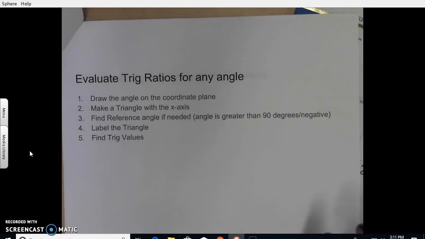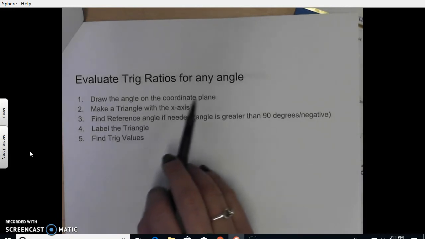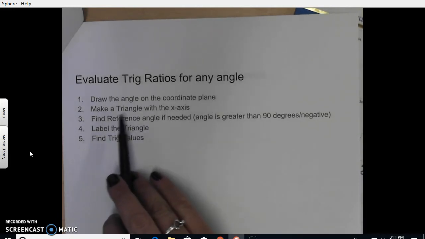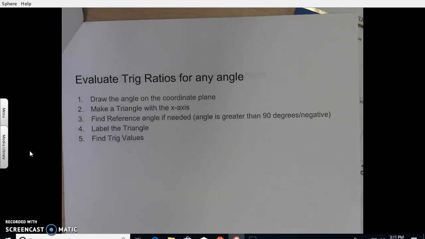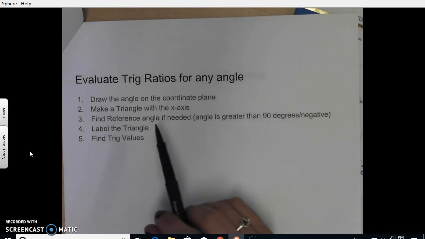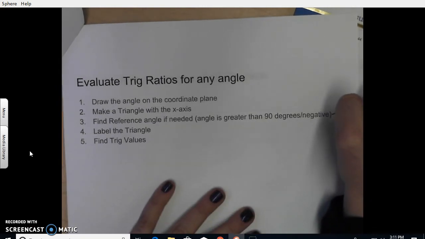So in order to evaluate trig ratios for any angle, we're going to first draw our angle on the coordinate plane. Then we're going to make a triangle with our x-axis. If we need to find our reference angle, then we find our reference angle. We always label that angle theta.